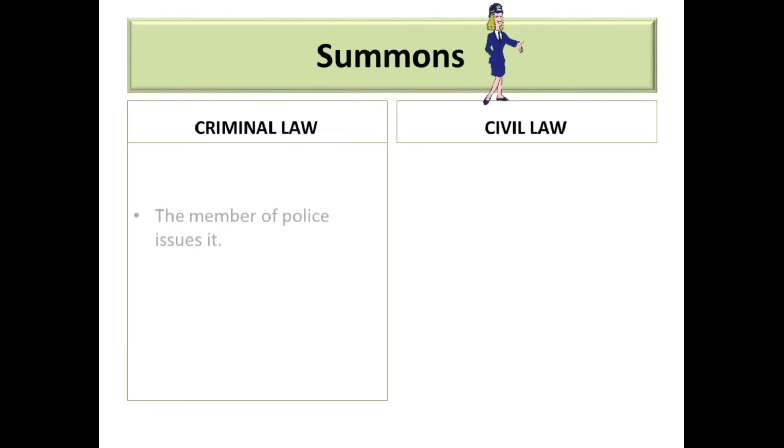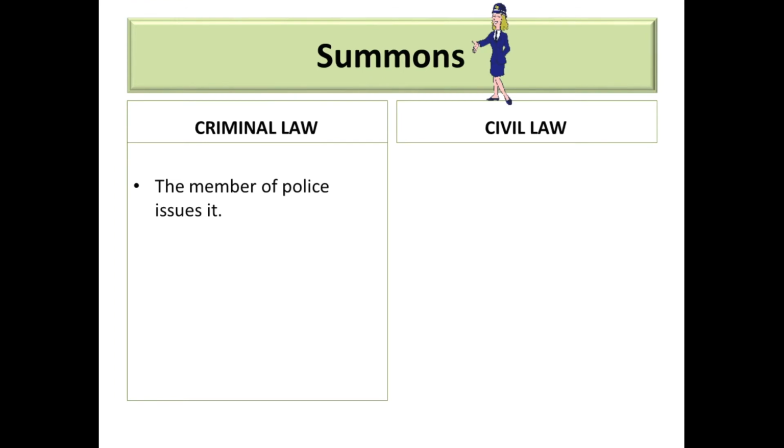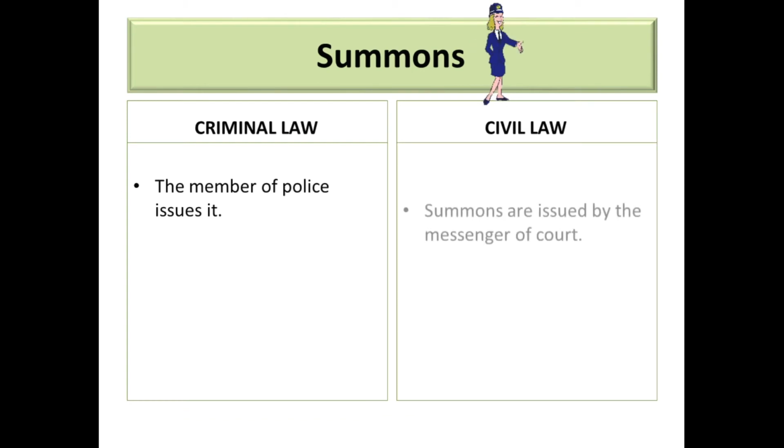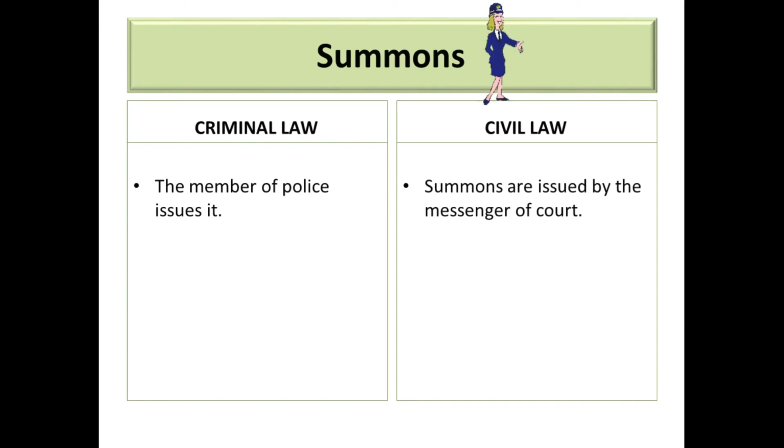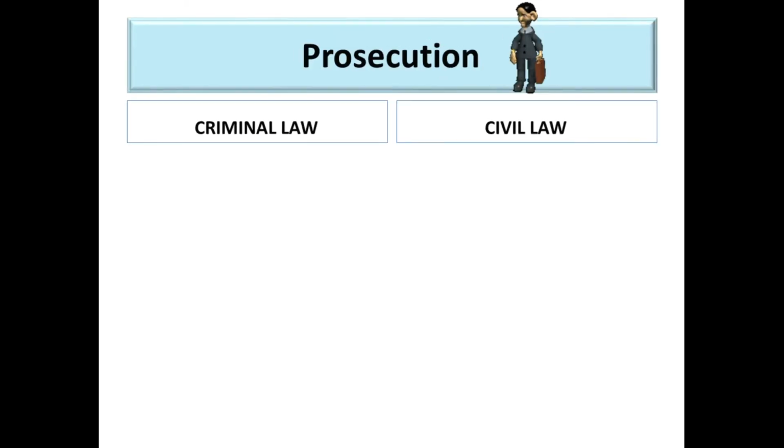In criminal law, the member of the police issues it. It is the police who issues the summons. While in civil law, summons are issued by the messenger of court, who then prosecutes the offenders.